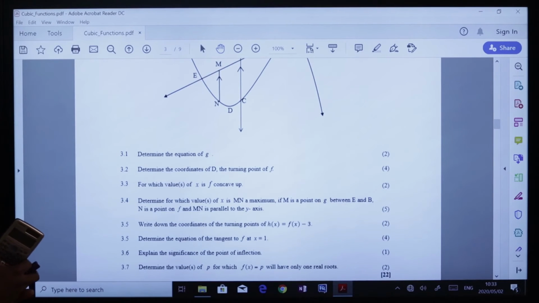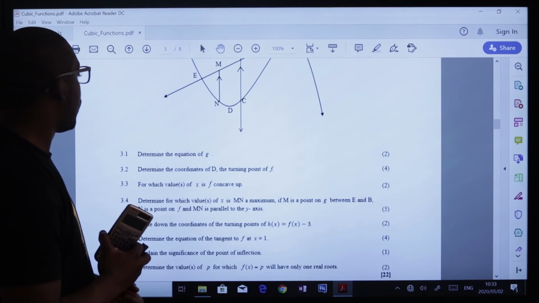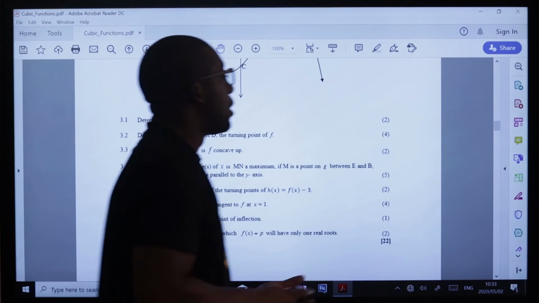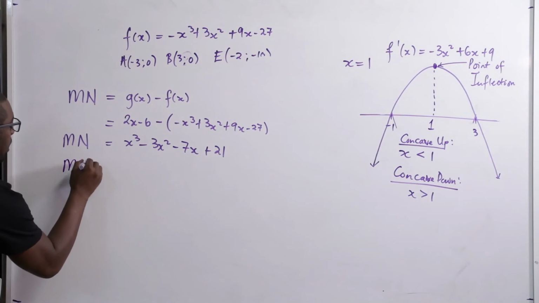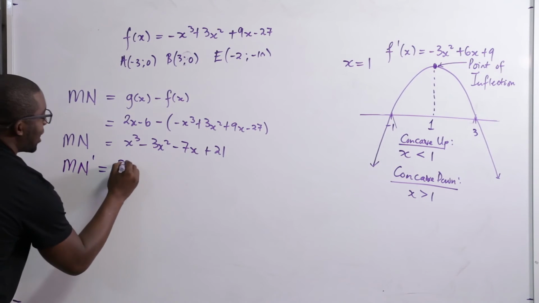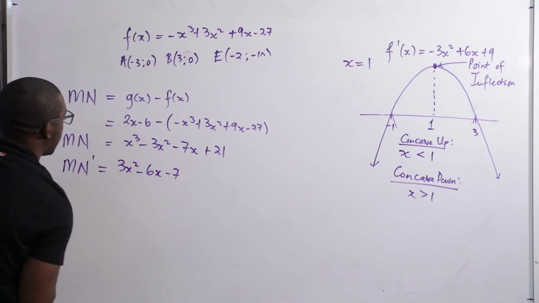Now they want the values of x for which MN is the maximum. So I differentiate the function. MN prime is equal to 3x squared minus 6x minus 7.